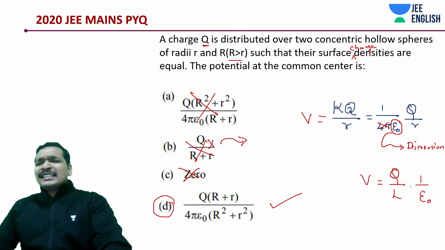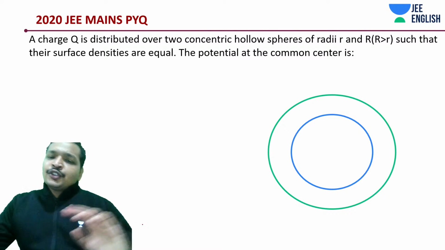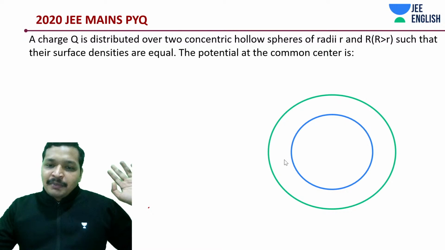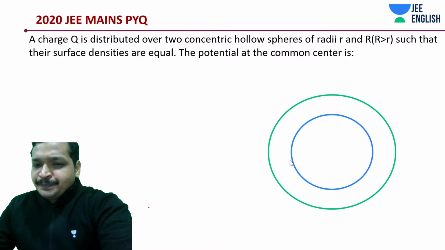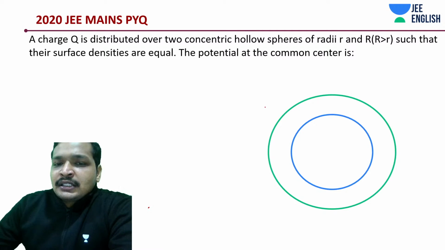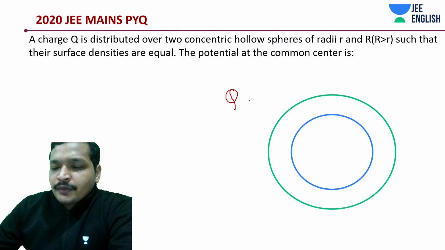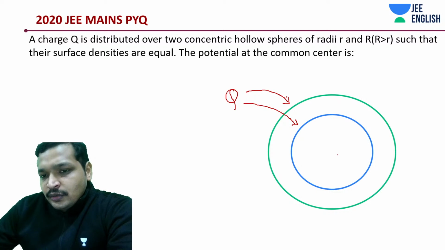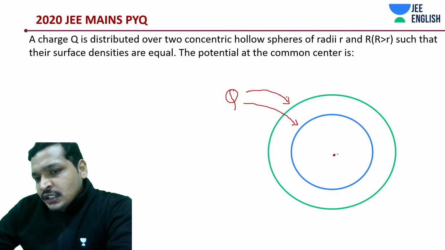Let's get into the question. It's a simple question. Definitely you should be understanding this question. What we did is dimensional consistency based analysis, that's all. So something like this is told to you. There is some charge Q. Let's understand the concept. It has been distributed on 2 shells. One a larger shell and the other a smaller shell. The green one is the larger shell in this case.